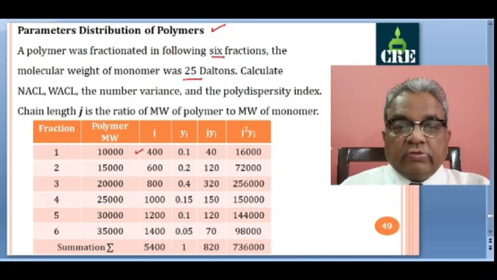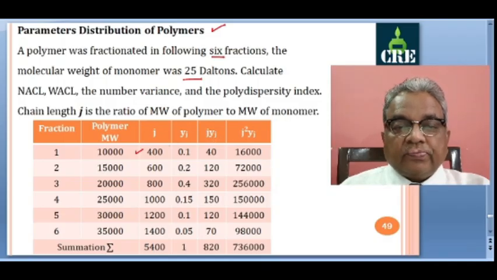Then these fractions Yj are 0.1, 0.2, 0.4, 0.15, 0.1, 0.05, summing to 1. Now we can find Jyj, because to calculate the moments we need Yj, then Jyj and J square Yj.